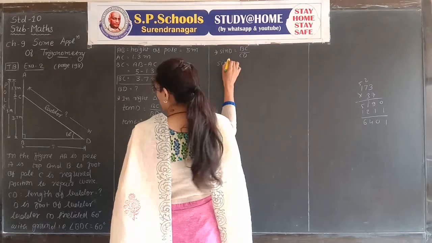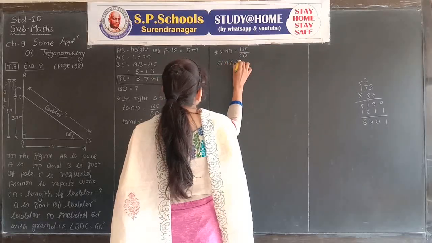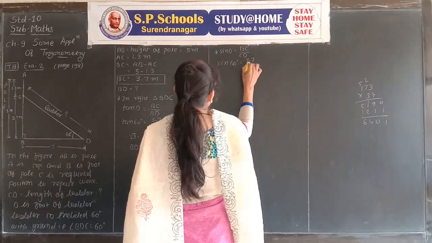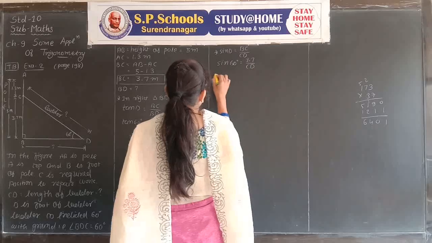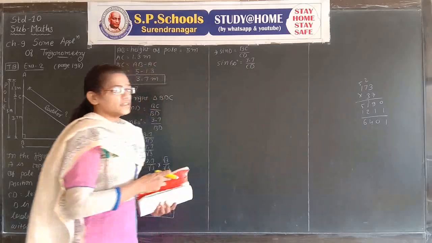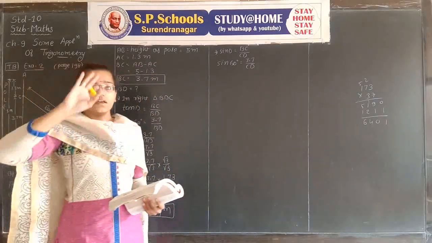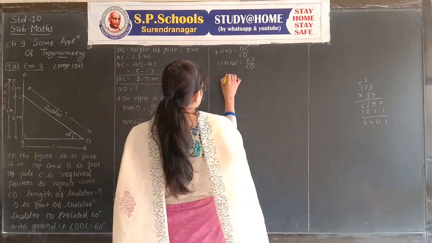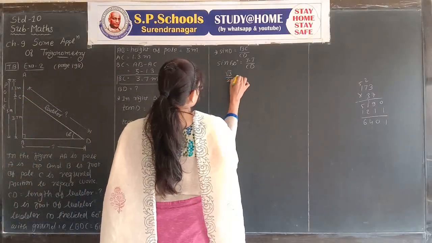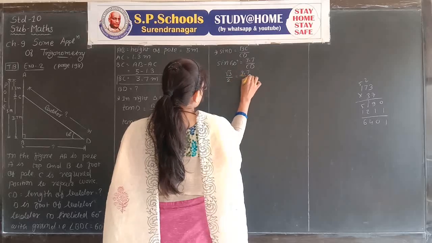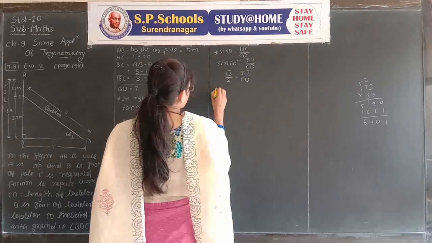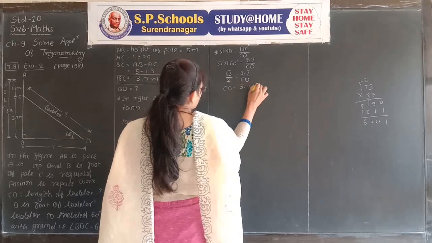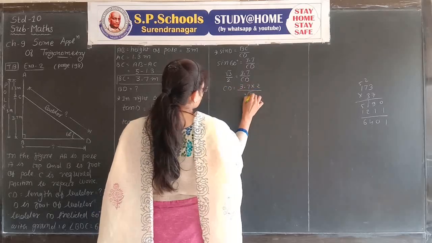Angle D is equal to 60 degree, BC is 3.7, and CD remains as it is. The value of sine 60 is obtained from the table: sine 60 is root 3 upon 2. So root 3 upon 2 is equal to 3.7 upon CD. Making CD the subject, we get 3.7 into 2 upon root 3.